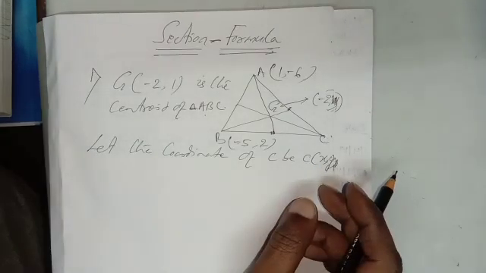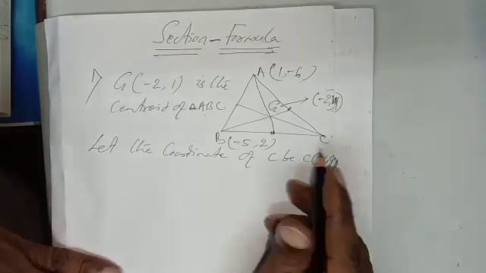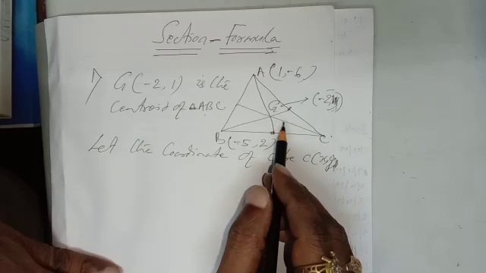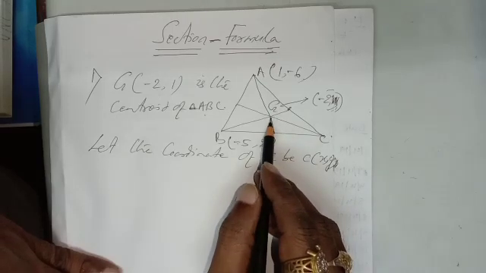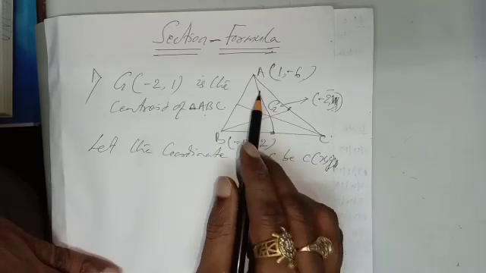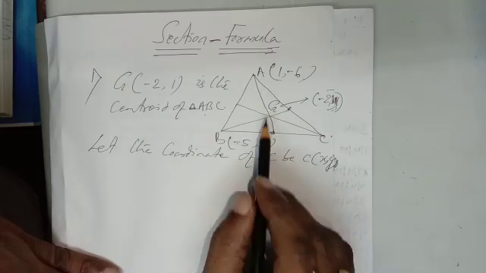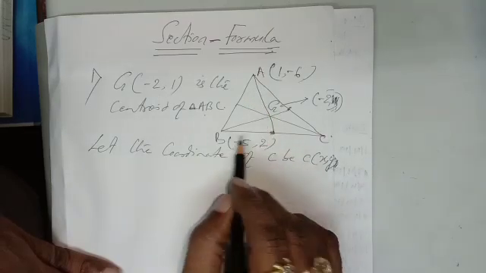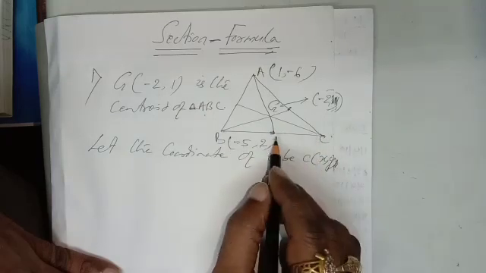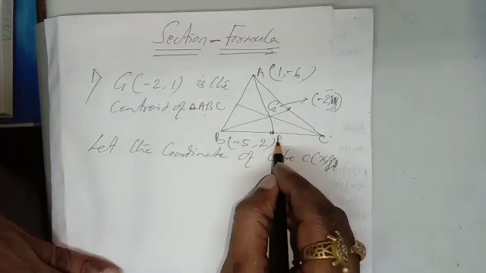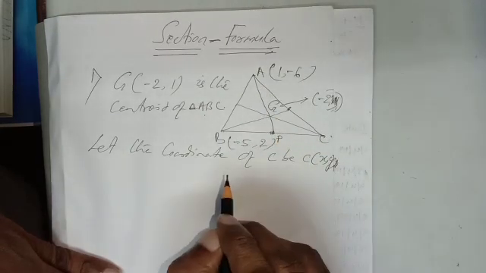You have to find out what is centroid. First of all, you should have a basic idea about the centroid of a triangle. Centroid is the point of intersection of the three medians of the triangle ABC. Median means, suppose BC midpoint is P, then AP will be the median.